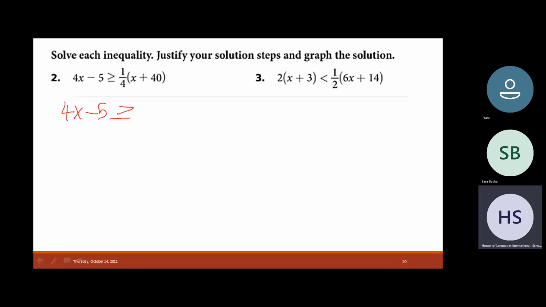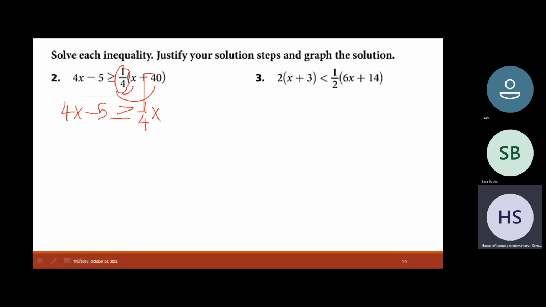Next, you have to distribute 1 over 4 by x and 1 over 4 by 40. 1 over 4 times x, 1 over 4x.